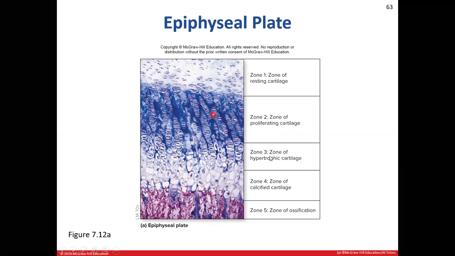Here is our zone of hypertrophic cartilage, where those cells are getting larger and bigger. Then our zone of calcified cartilage, where we're starting to calcify this cartilage matrix, and we start to see these cells being killed off. Now we start to ossify this tissue, and it becomes, in this particular case, a part of the shaft of the bone. This indicates how we grow from a length perspective.